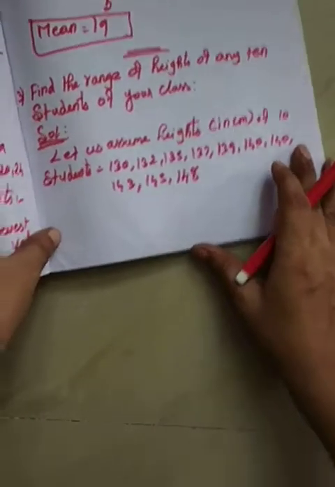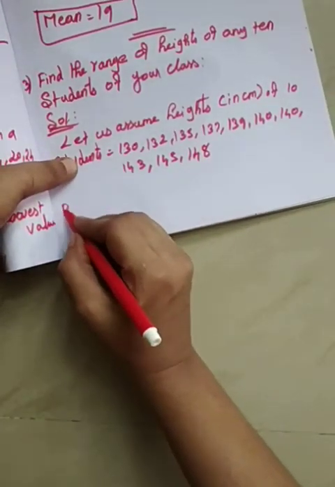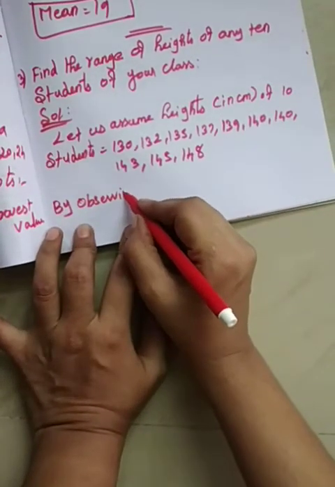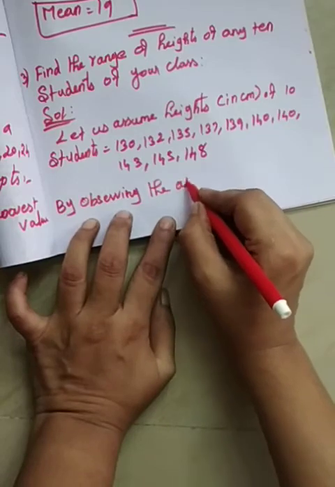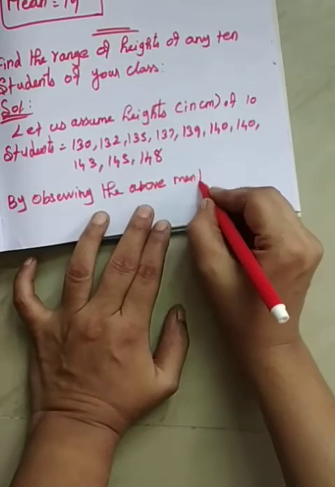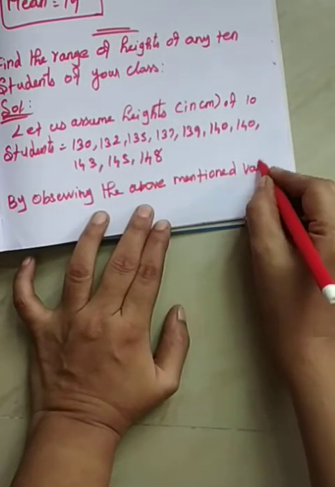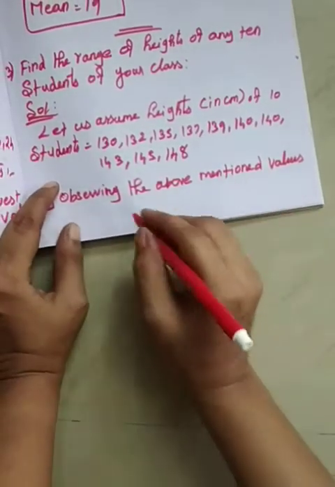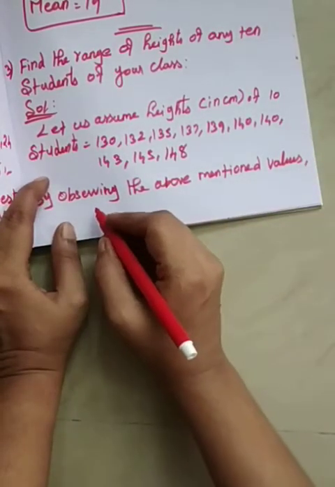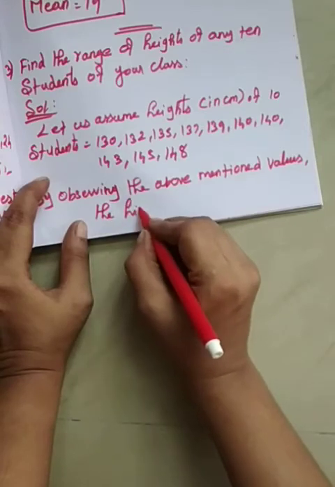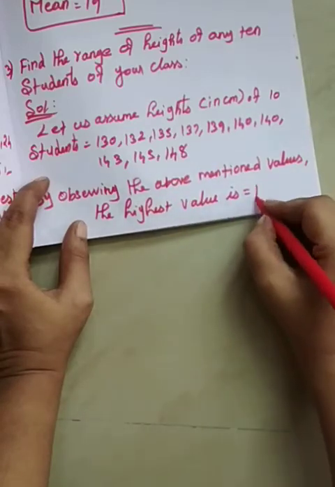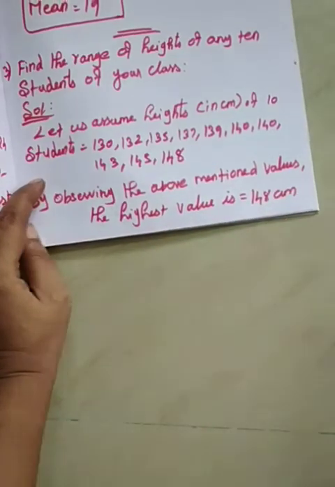Okay, now you have to find the range. See here, the step marks are important, so you have to write: by observing the above mentioned values, the highest value is, what is that? 148 centimeter.